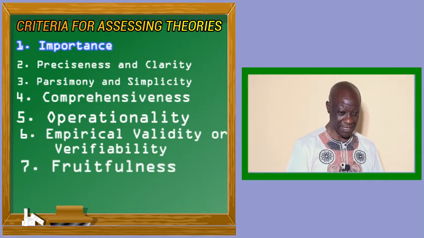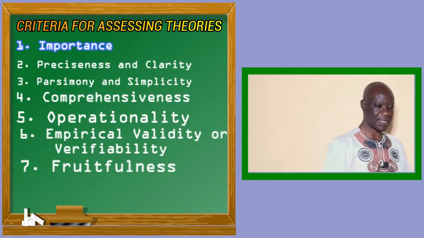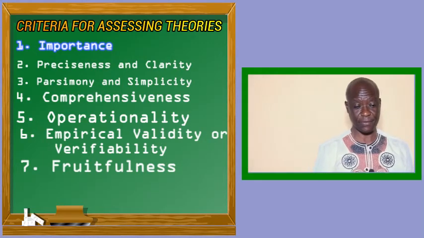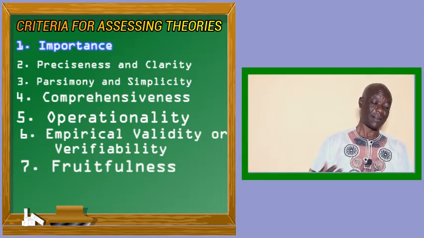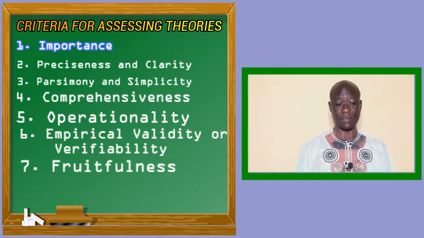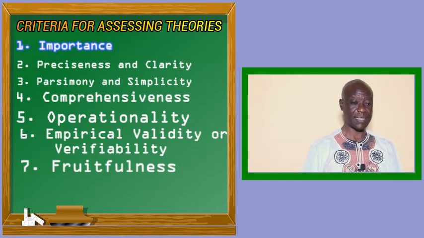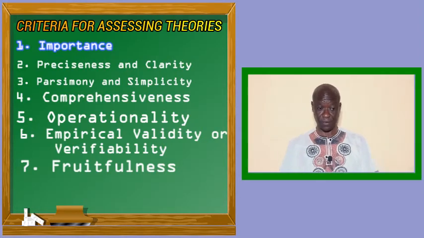A theory can be fruitful even if it is not capable of leading to specific predictions, although, again, it may provoke thinking and the development of new ideas or theories, ladies and gentlemen.